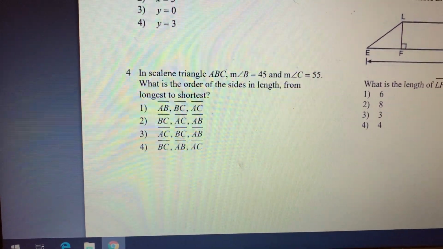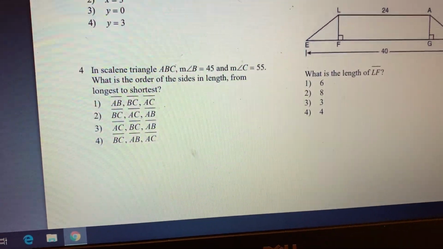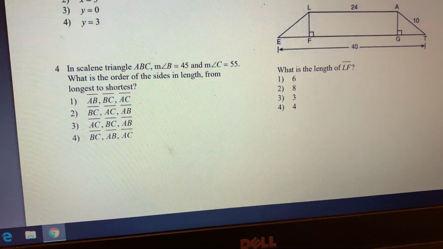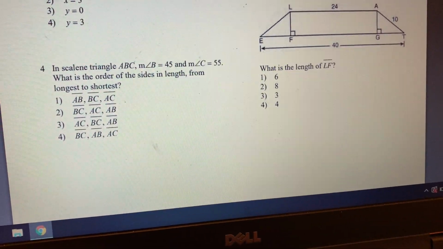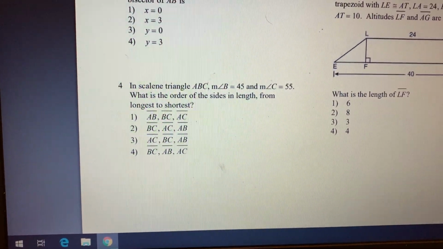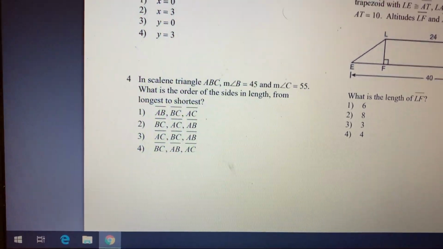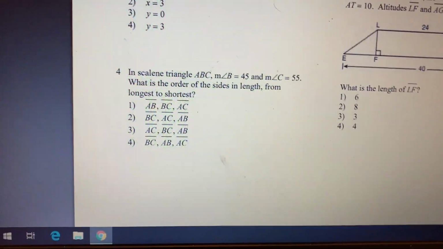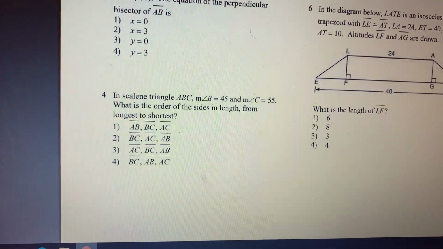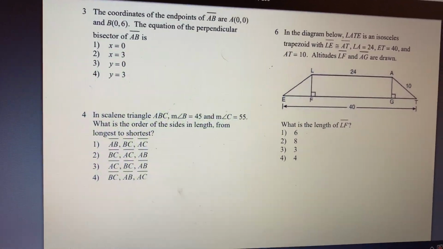Number 4. Again, something we've seen in our work a couple times, although something we didn't necessarily explicitly talk about during class. In scaling triangle ABC, so again, let's review as we go. Scaling, we know none of the angles are going to be the same, right? Measure of angle B is 45 degrees, and the measure of angle C is 55 degrees.